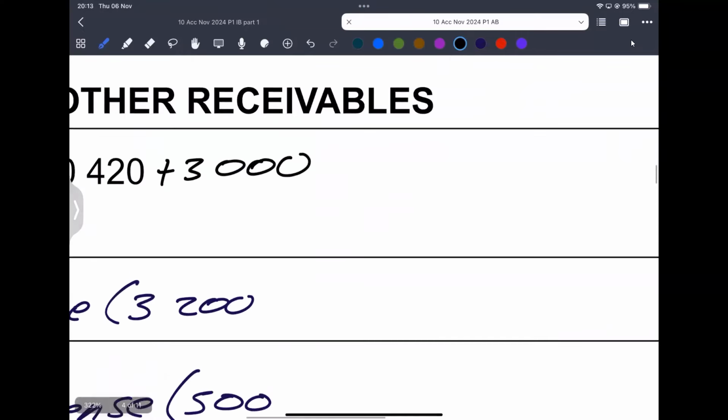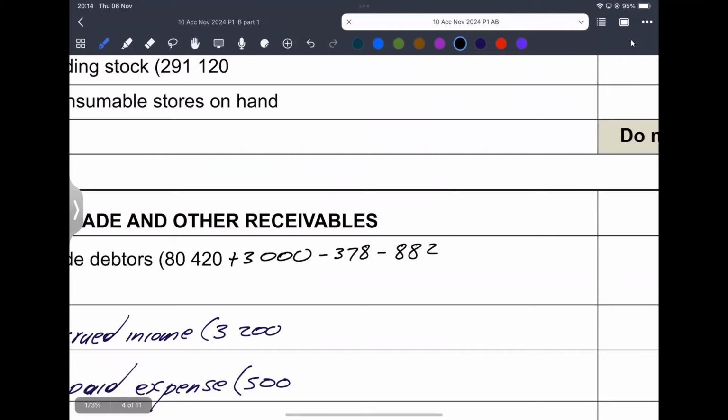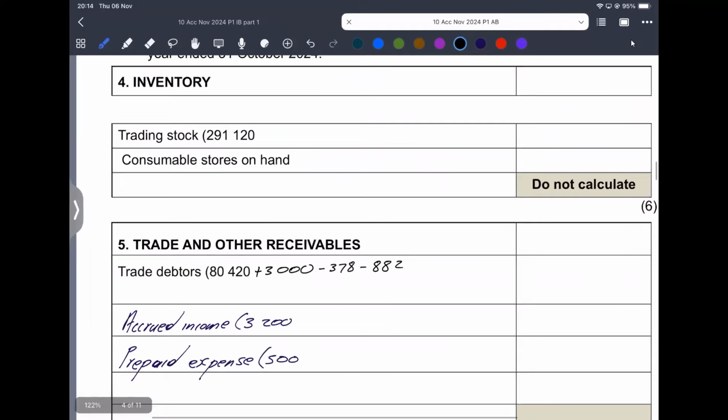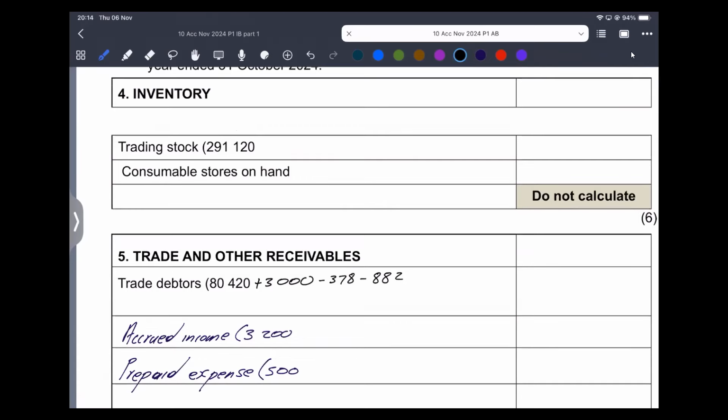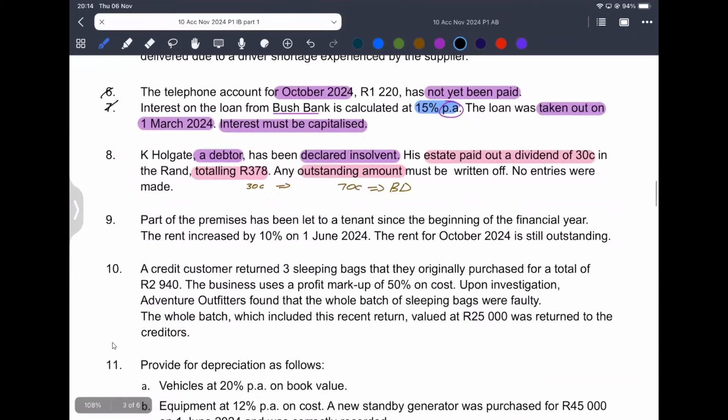I am going to first subtract that 378, which is the cash that we received, and then subtract this 882, which is the bad debts. Because the payment was not recorded, I also have to subtract it from debtors control. You have to add it to bank and subtract it from debtors control because it is the payment that we actually received. Obviously, reduce what is being owed to you in this case. The remainder must be written off. That's why this debtor will end up owing us nothing at all because we have subtracted everything.